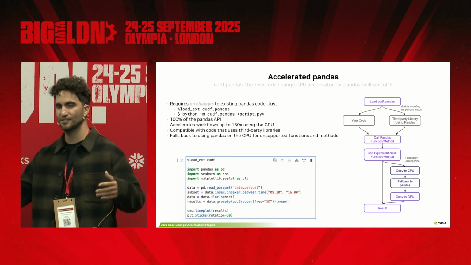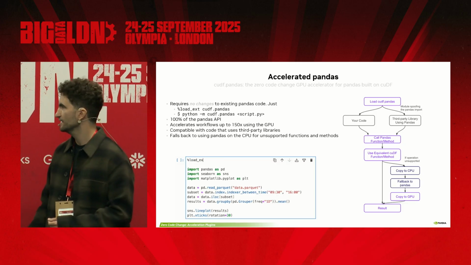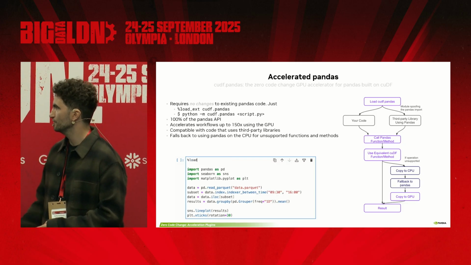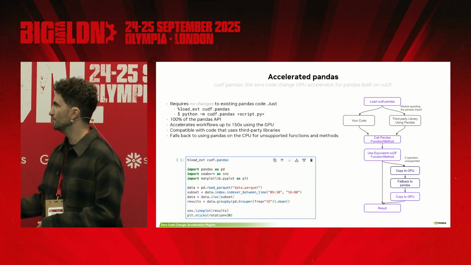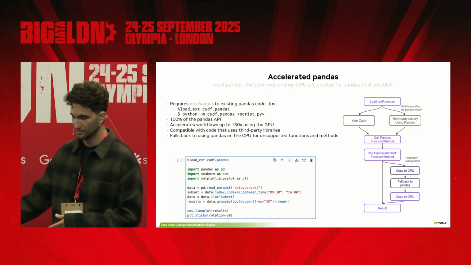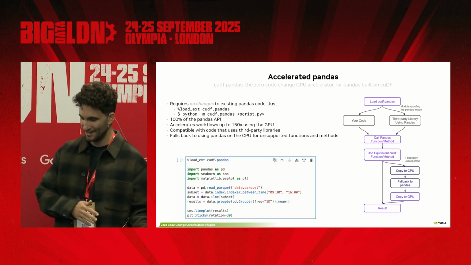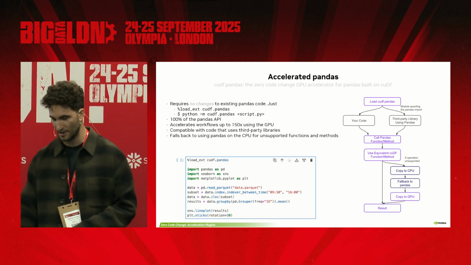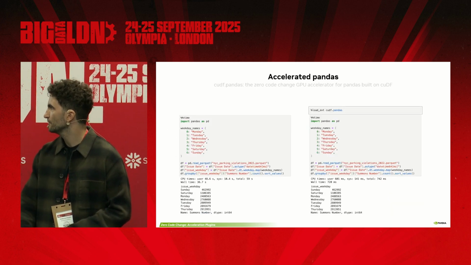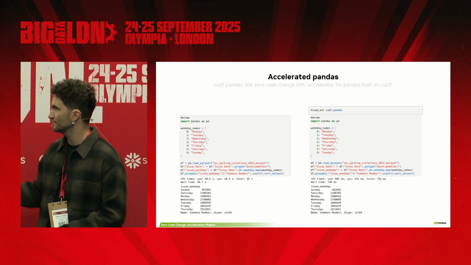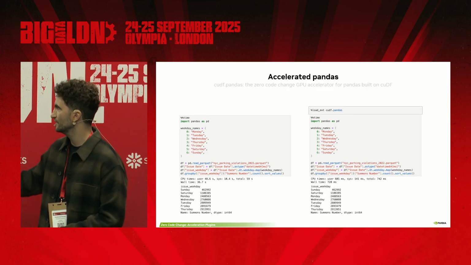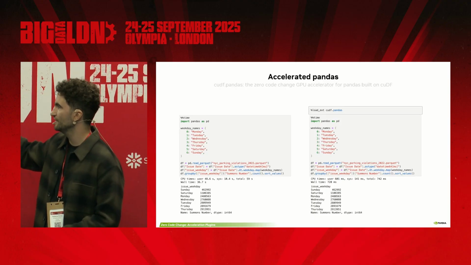This hijacks the import process in Python so that any operation that can be accelerated with GPU will be passed on, and any other operation will just run on CPU as normal. So here you have the same code executed with CPU and GPU. Again, single line difference.